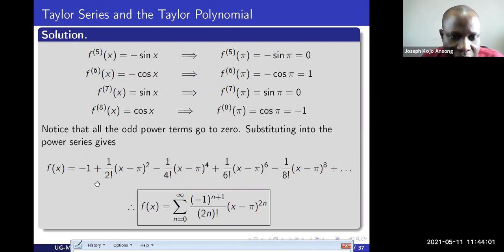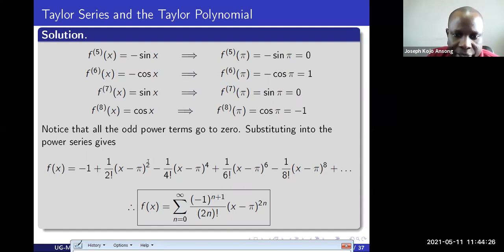Okay, so I can rewrite this. Note that I have a negative, a positive, a negative, a positive. So that is why I have this here, -1 to the n plus 1. And because I'm starting from n equals 0, that will give me the first one to be -1. Also see I have 2 factorial, 4 factorial, 6 factorial. So I can write that as 2n factorial, you see?